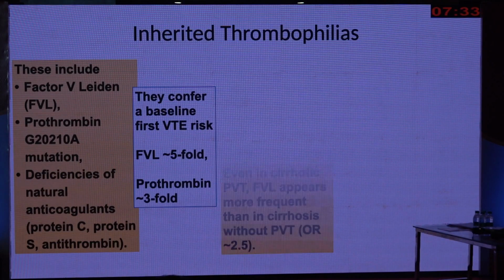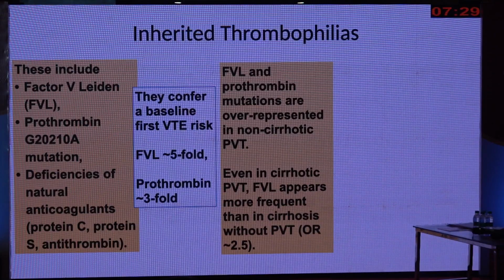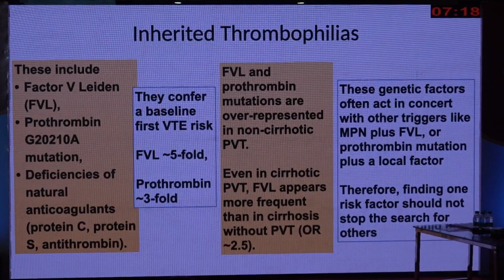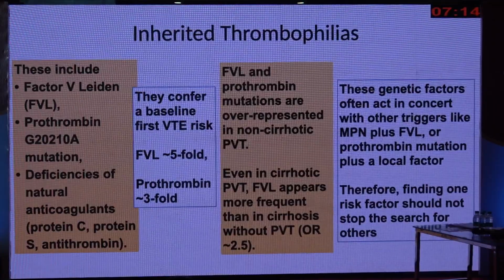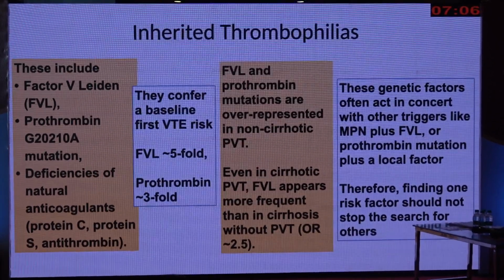FVL and prothrombin mutations are overrepresented in non-cirrhotic PVT, but even in cirrhotics, they are more common in those who have PVT compared to the cirrhotics who do not have PVT. These genetic disorders often act in concert with other trigger factors like myeloproliferative neoplasm or local factors. So if you find one, don't stop there, look for the others also.